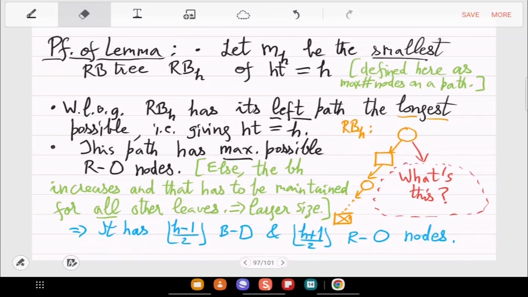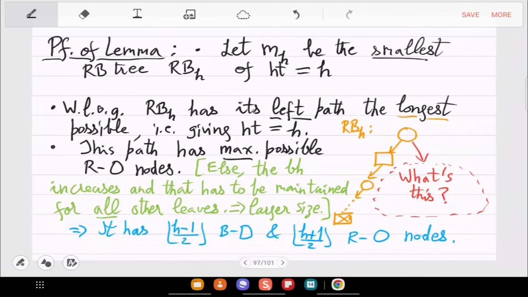So let us correct everything. So this height is actually, what did I say? H minus 1, and so we are looking at RB H minus 1.